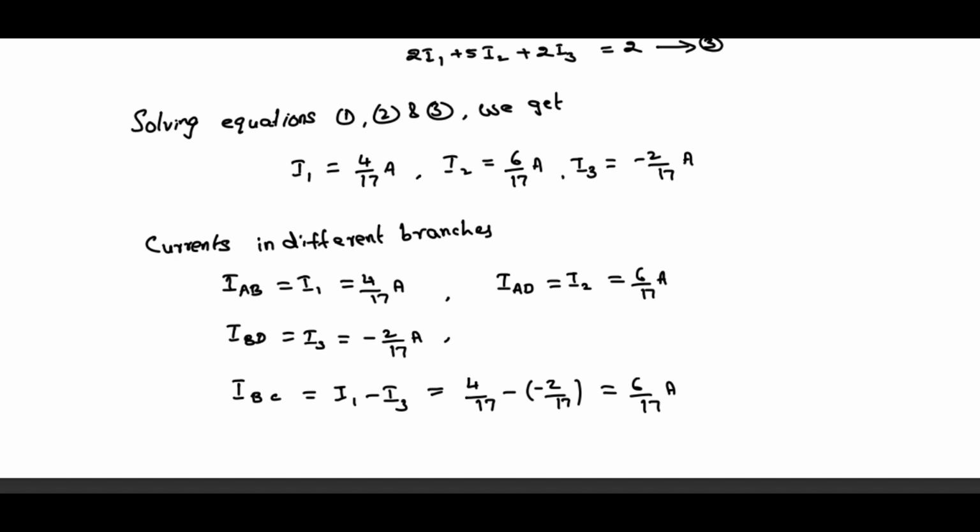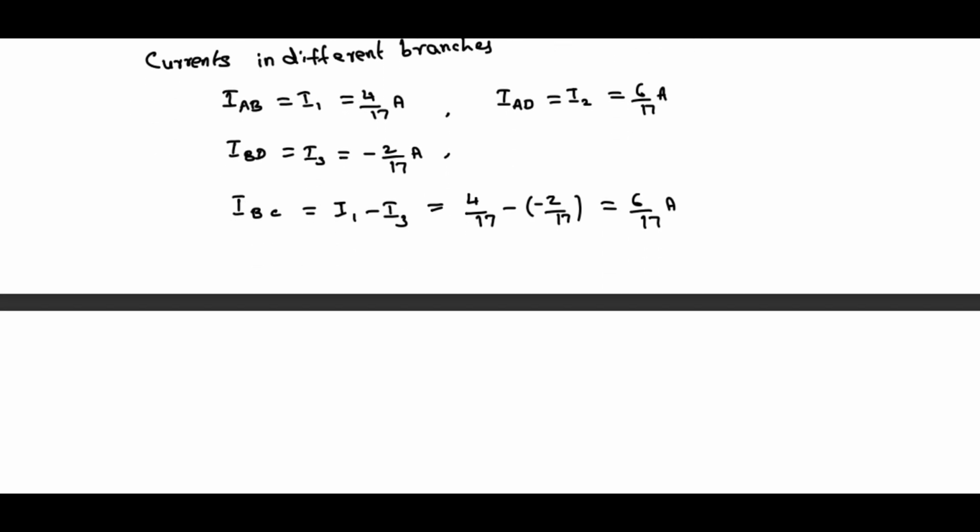And current passing through DC, IDC is equal to, we have I2 plus I3. I2 value is nothing but 6 by 17 plus I3 value is minus 2 by 17, that is equal to 4 by 17 ampere.